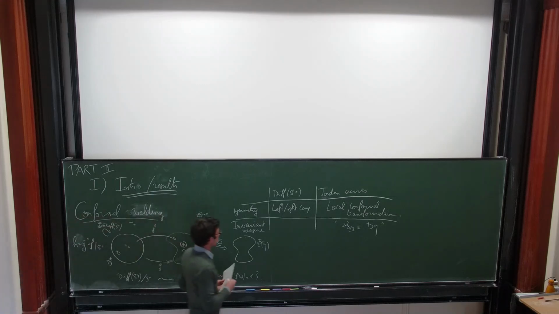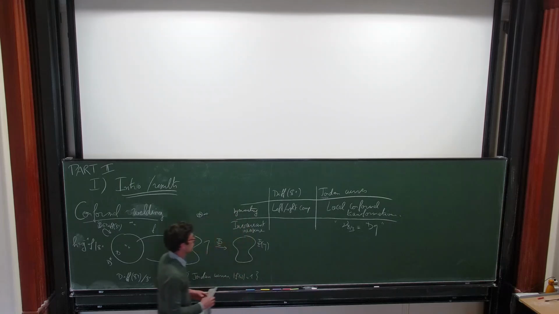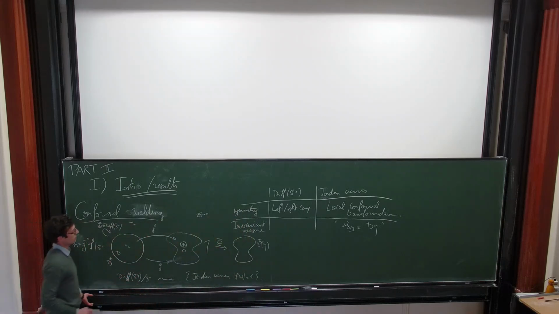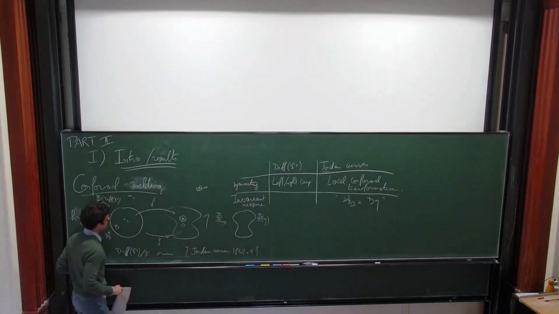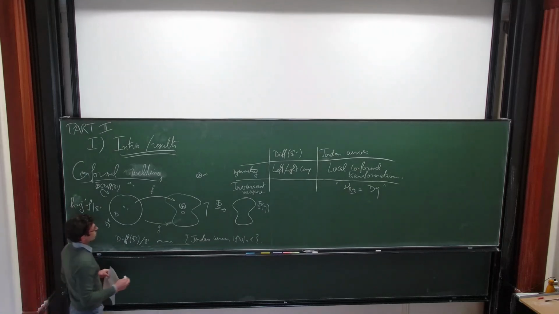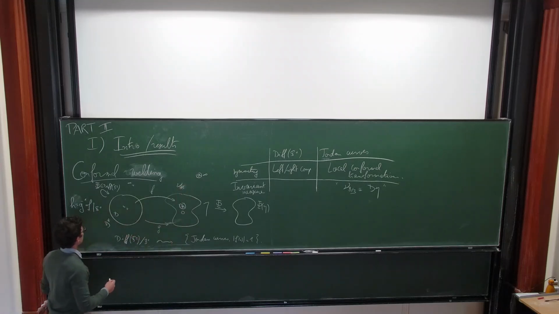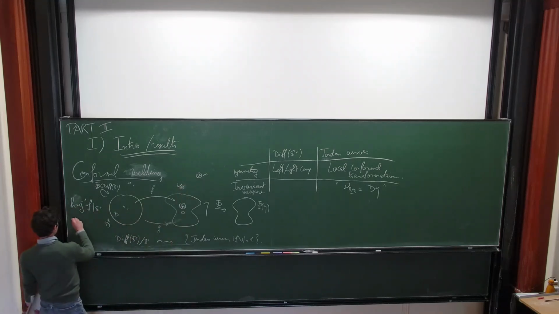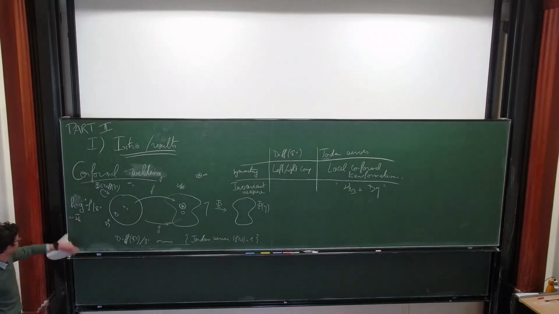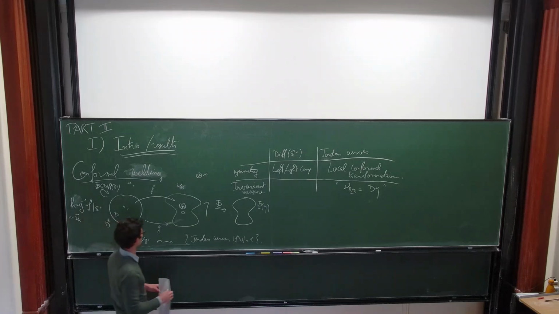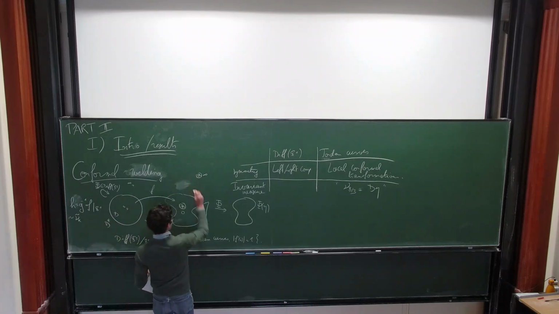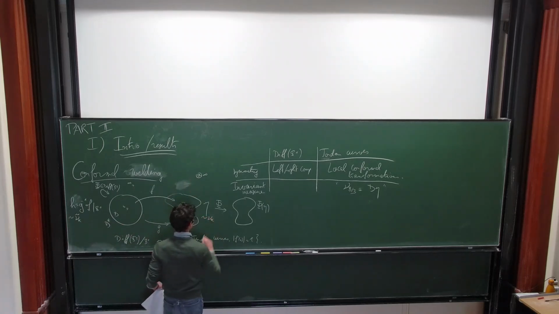Now the question is, what's here? I can always pull back. I told you that I have a conformal welding map. And so I have a measure mu kappa, depending on kappa, and I can always pull back this measure to a measure that I want to call nu tilde kappa. So nu tilde will always be the pullback of the SLE kappa measure, where the curve is sampled from SLE kappa.